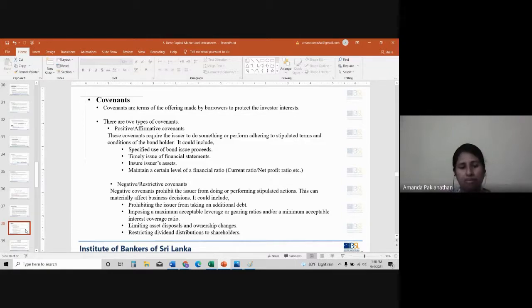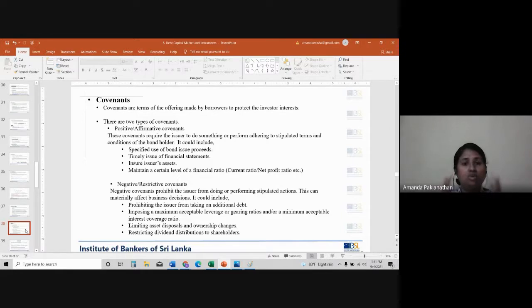For example, the investor who invested in the debenture could say, no, you cannot sell the company for the next 5 years, which means even if you get a good offer to buy the company, even if the company performs well and someone else wants to take it over, you cannot sell without the consent of those bondholders or debenture holders.